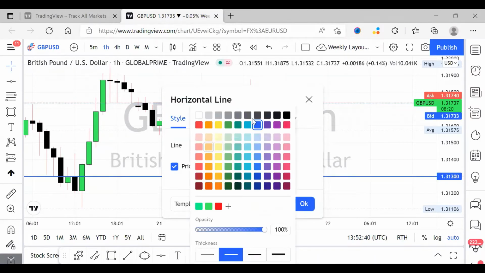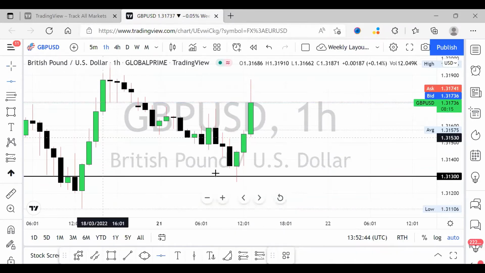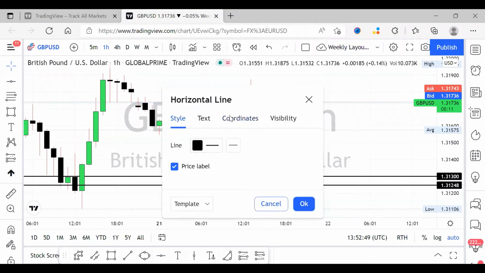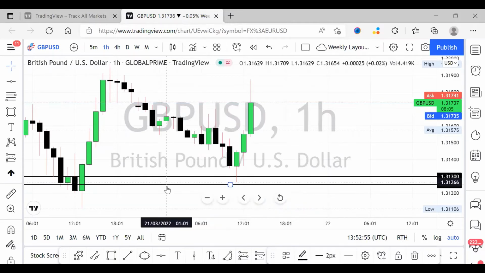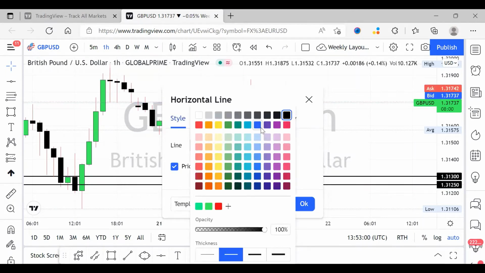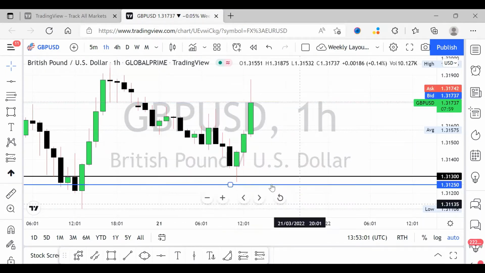We change this to, for the time being, black. We get another line, double click, coordinates, and we change this to 250. So that's the beginning of our quarters theory. So every 250, we mark it.